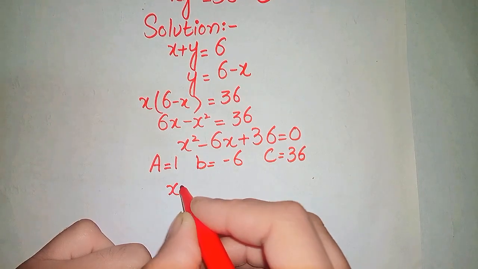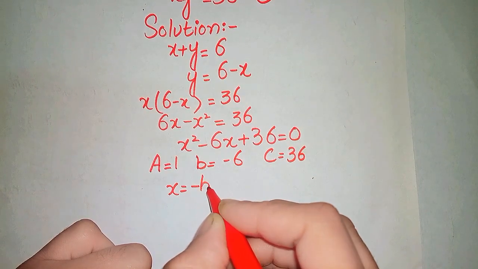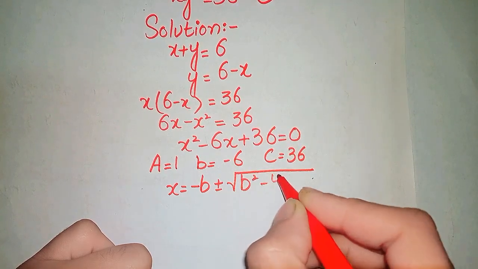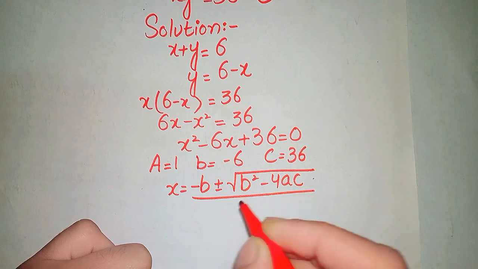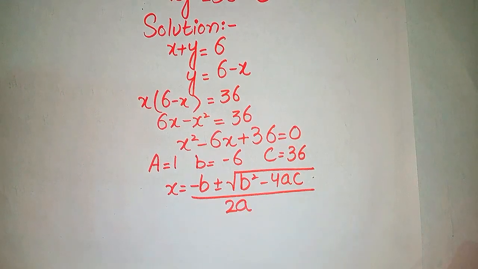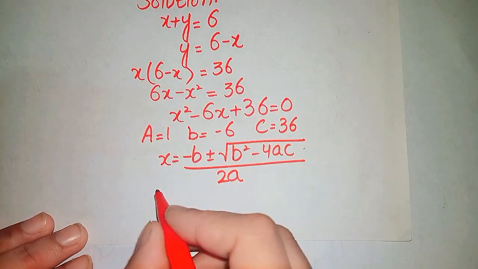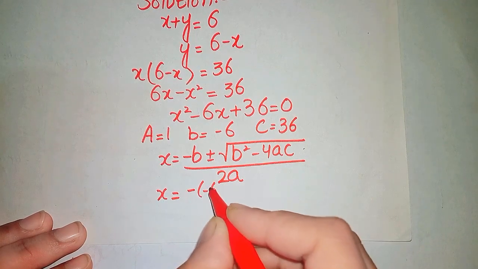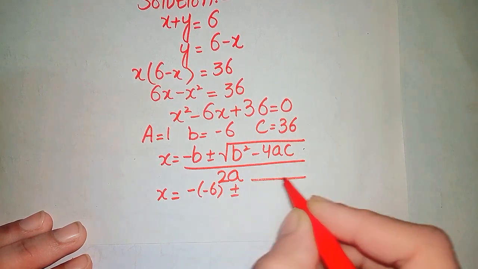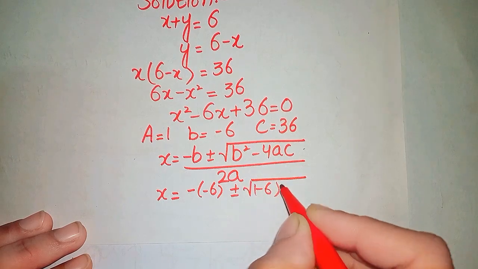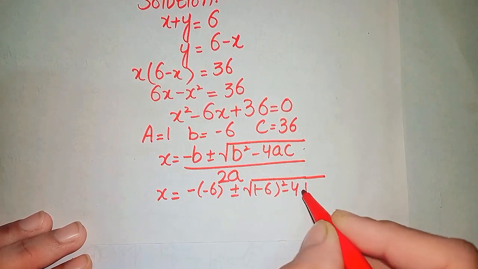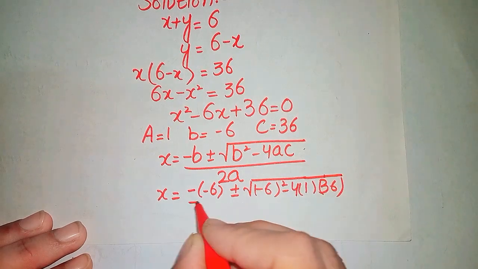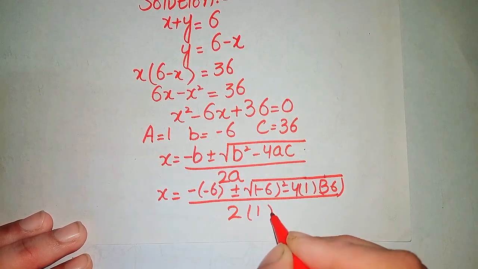Now as we know, the quadratic formula is minus b plus minus square root of b square minus 4ac over 2a. Let's put all these values in this equation: minus of minus 6 plus minus square root of 6 square minus 4 into 1 into 36 over 2 into 1.